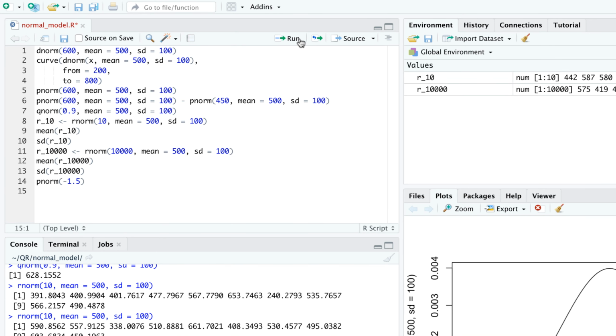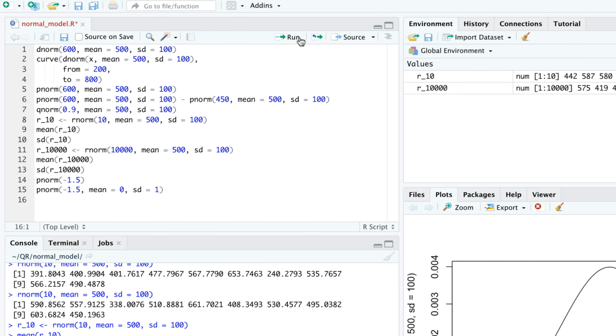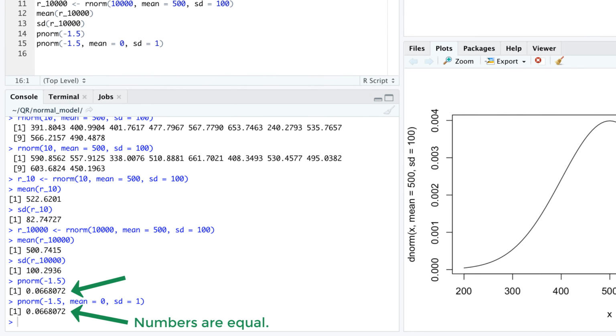For example, pnorm(-1.5) returns the same value as pnorm(-1.5, mean = 0, sd = 1). The normal model with mean 0 and standard deviation 1 is called the standard normal model. It's an important special case because the standard normal model describes the distribution of z-scores for any normally distributed data, irrespective of the mean and standard deviation of the data before taking the z-scores.